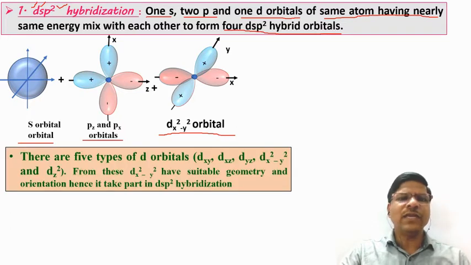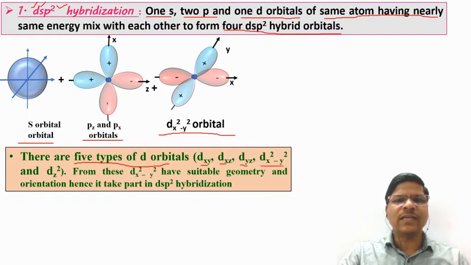Now the question is, if you see the d orbitals, there are 5 in number: dxy, dxz, dyz, dx square minus y square and dz square. Then you can ask why we have chosen the dx square minus y square orbital?